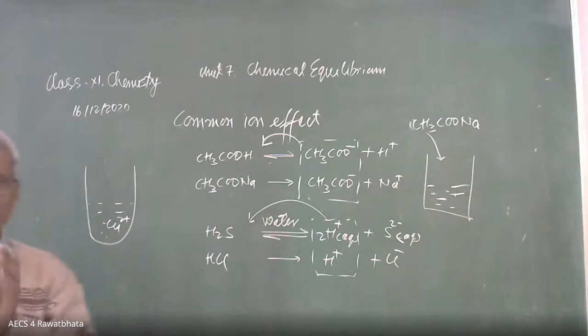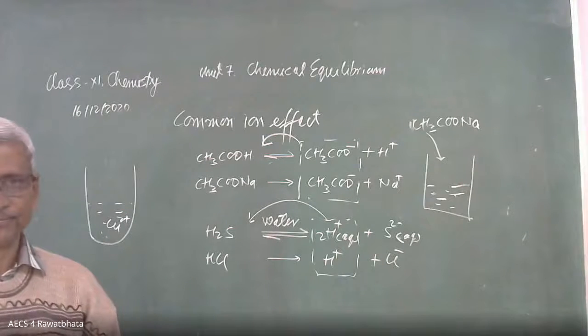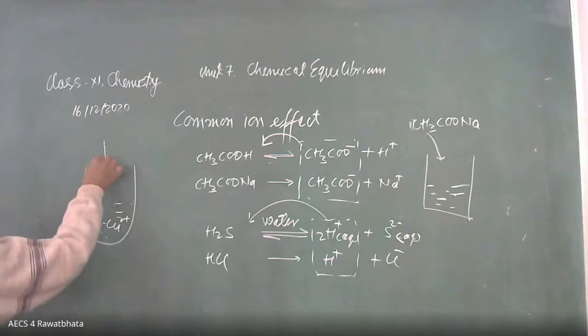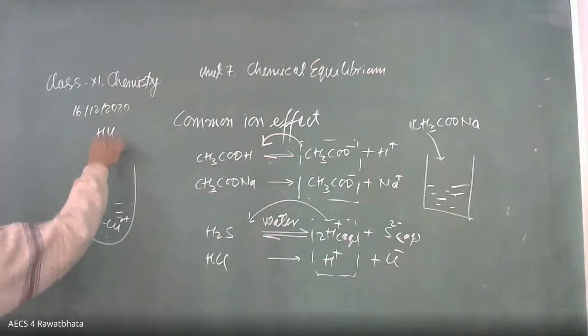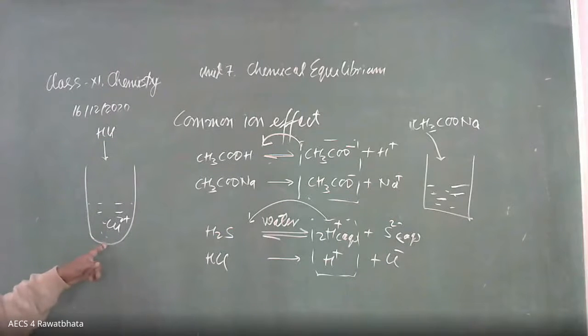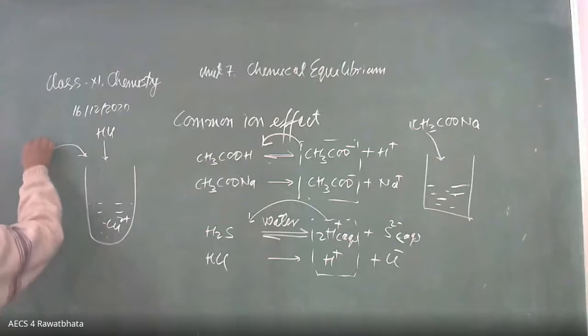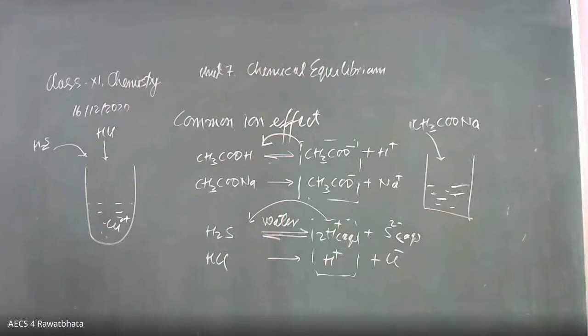We are going to confirm that this given solution is having copper ion. We do not know which ion is there, that we are going to identify. First we add HCl solution, hydrogen ion provided by the HCl. After that we are adding H2S solution.